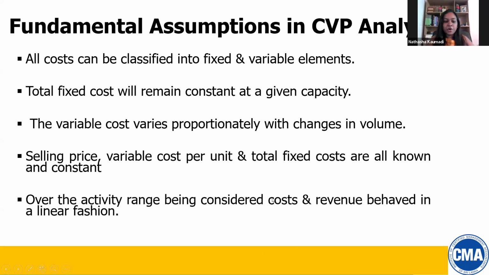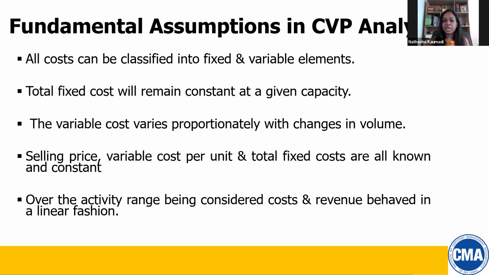Next one. Over the activity range being considered, cost and revenue behave in a linear fashion. There is a linear relationship. There are no curvy relationships. In the practical world, there can be curvy relationships. When the cost is increasing, after some point it would be constant, or the pace at which the cost is increasing can differ, right?